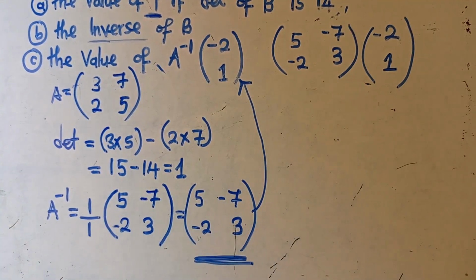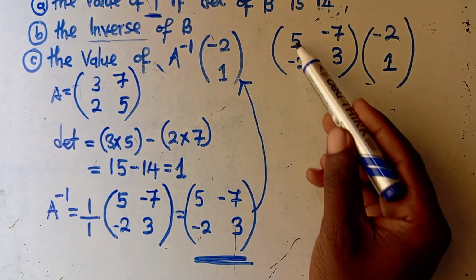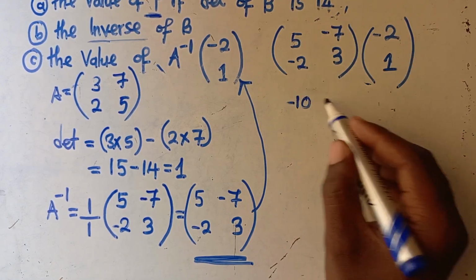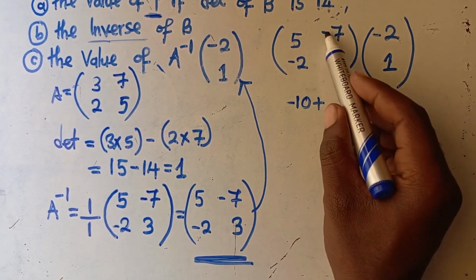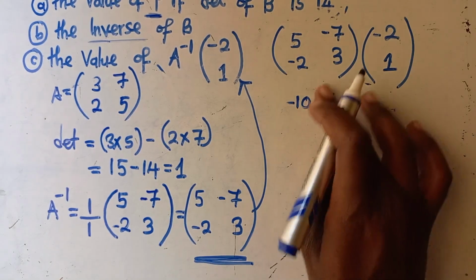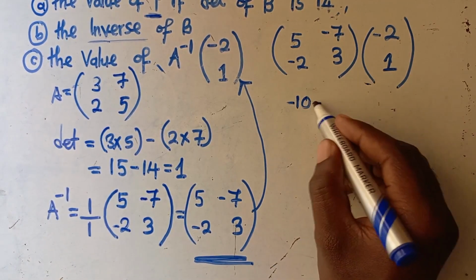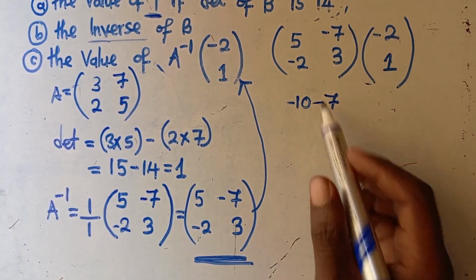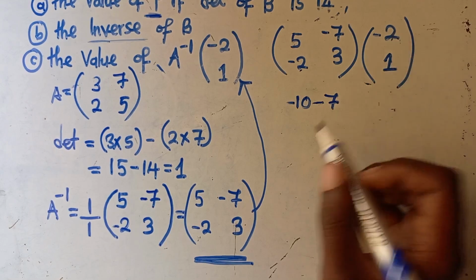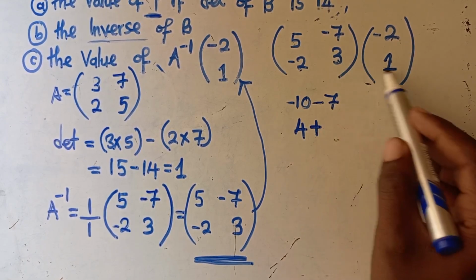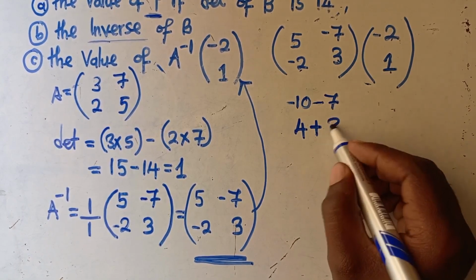So I continue and say, I will now multiply 5 times 2, negative 2, that is negative 10, plus negative 7 times 1, that is negative 7. So I say negative 17 there. I'm done on top. I go down, negative 2 times negative 2, that is 4, plus 3 times 1, that is 3.